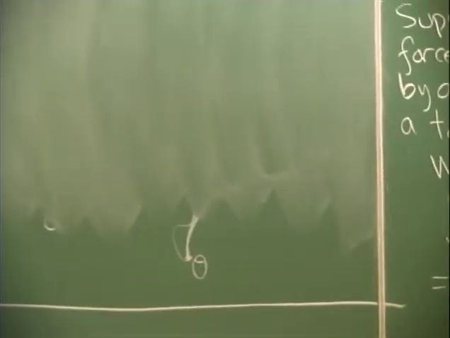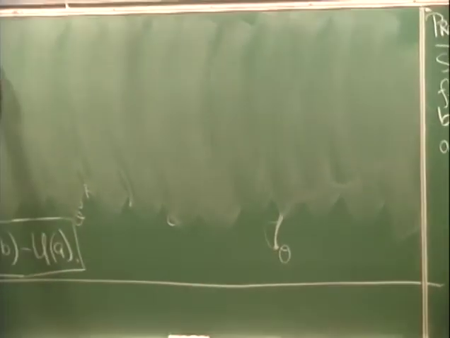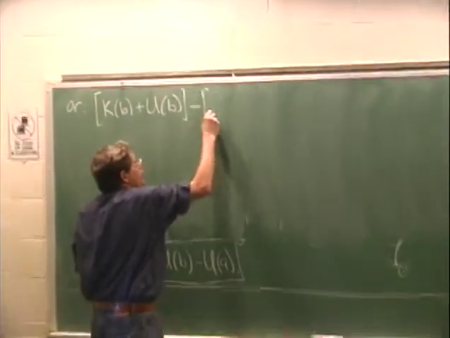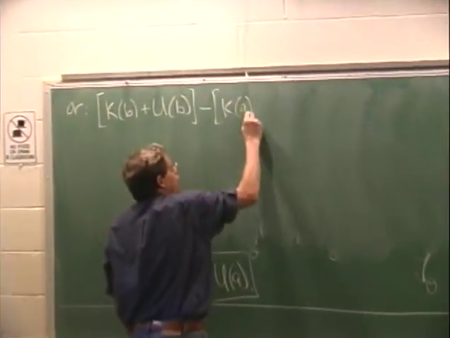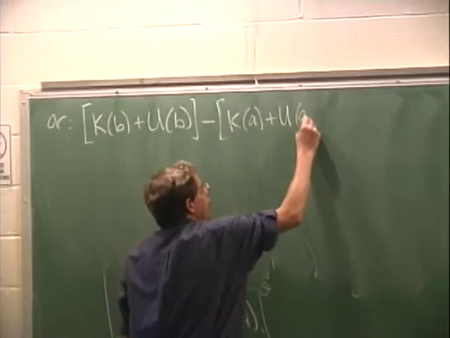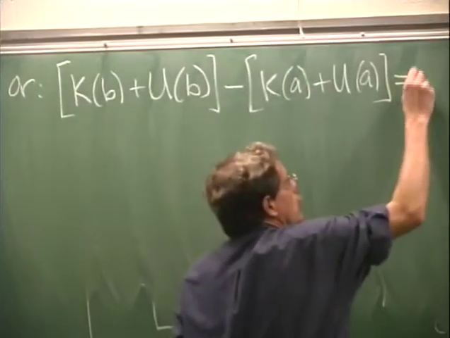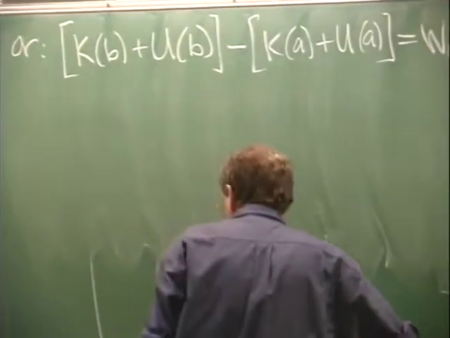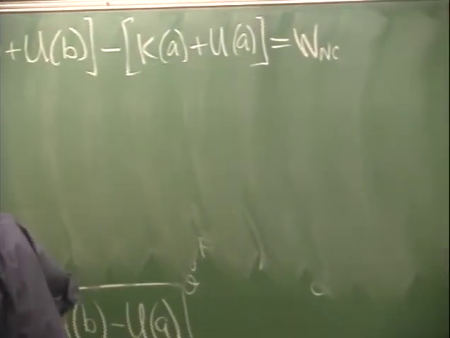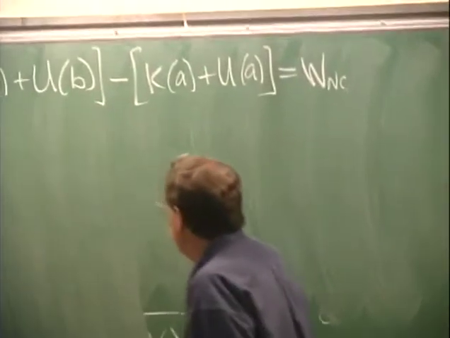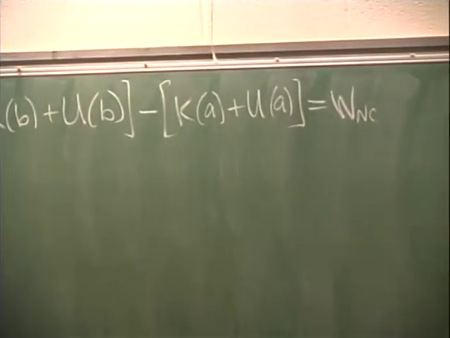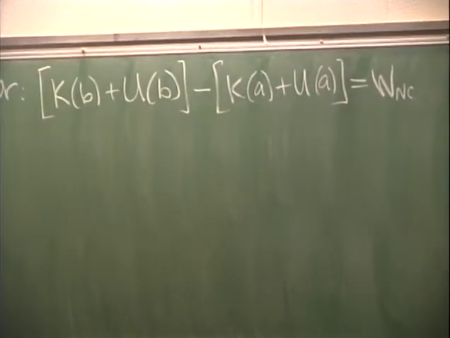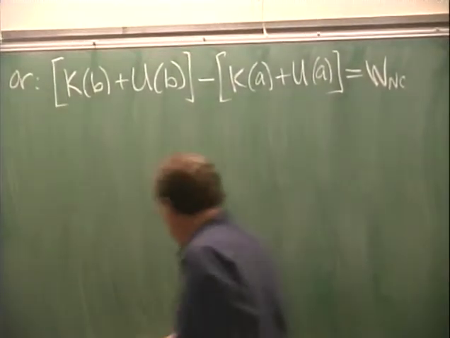K at B plus U at B, minus K at A plus U at A, is equal to the work done by the non-conservative forces. What does that tell me? On the left, in those two square brackets, I have kinetic energy plus potential energy, what you might call the total mechanical energy.